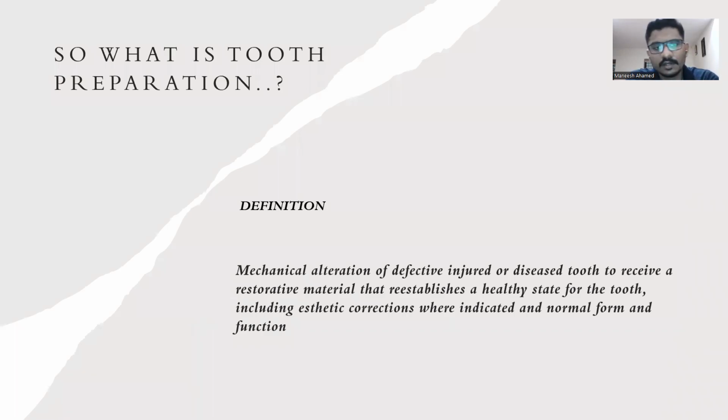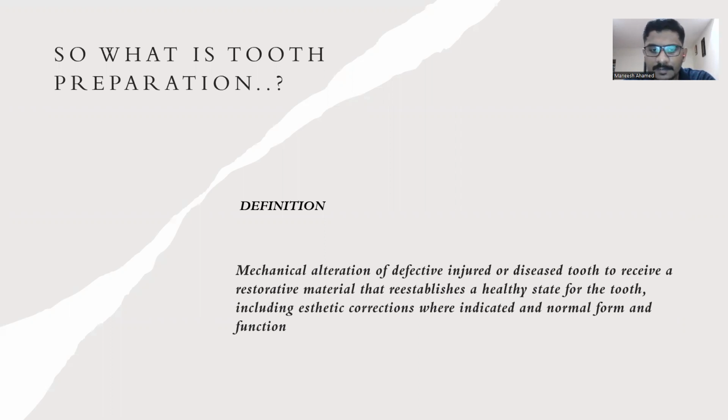And so let's discuss the definition of tooth preparation. So what is tooth preparation? Let's see its actual definition. Tooth preparation is the mechanical alteration of a defective, injured, or diseased tooth to receive a restorative material that re-establishes a healthy state for the tooth, including aesthetic corrections when indicated and normal form and function of the tooth.